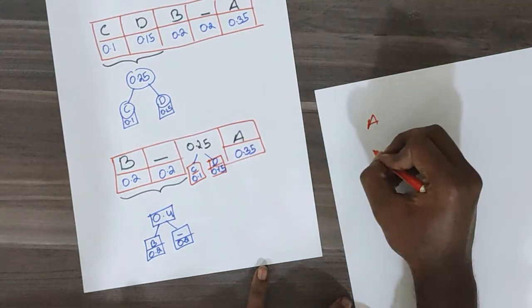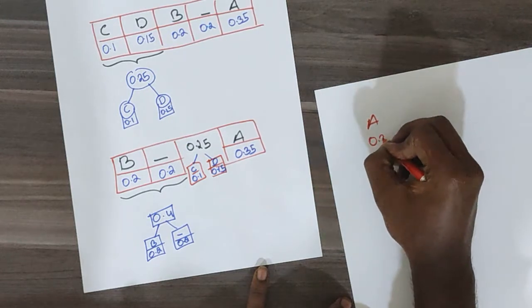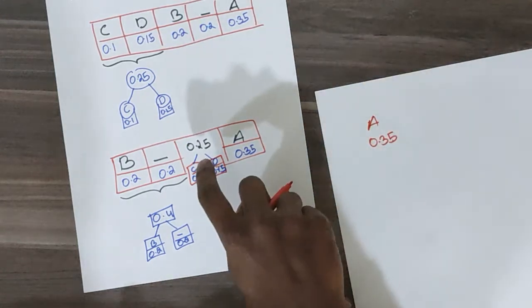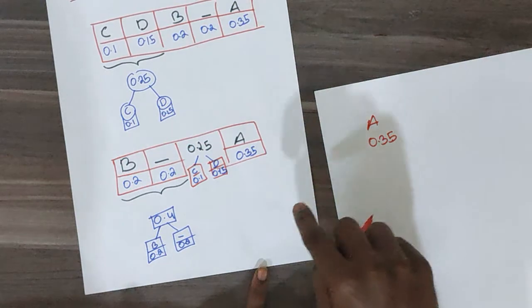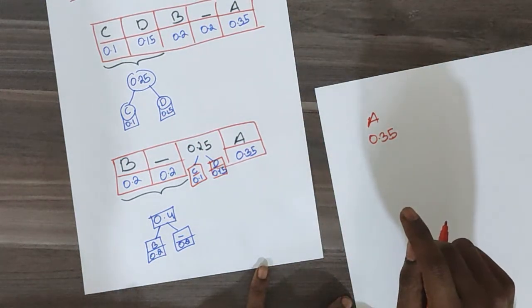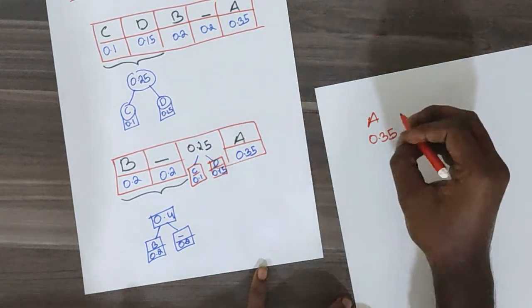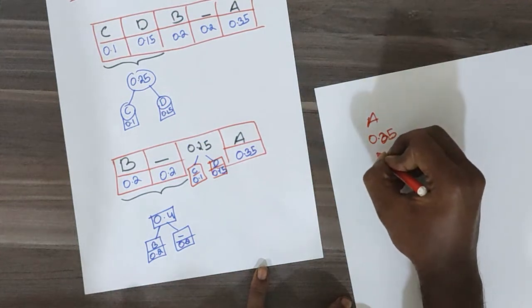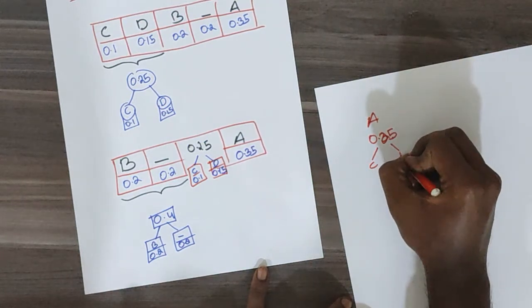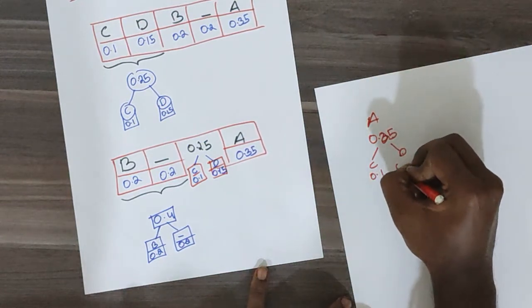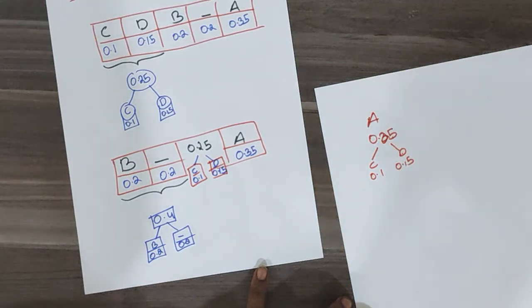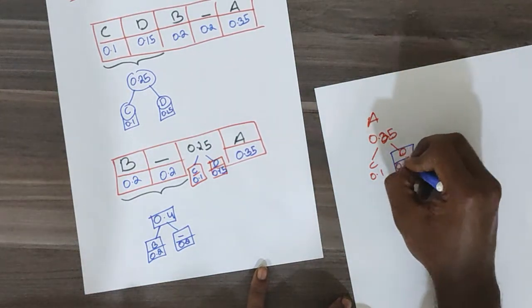On rearranging the blocks, first we have 0.25 with C and D, C on one side and D on the other, 0.1 and 0.15. This is our first block.